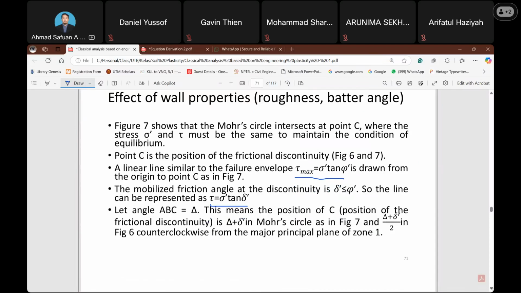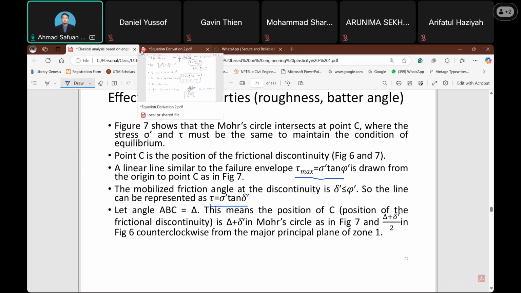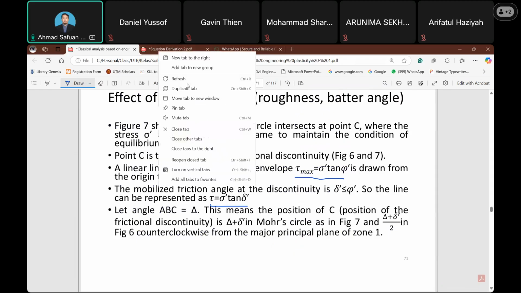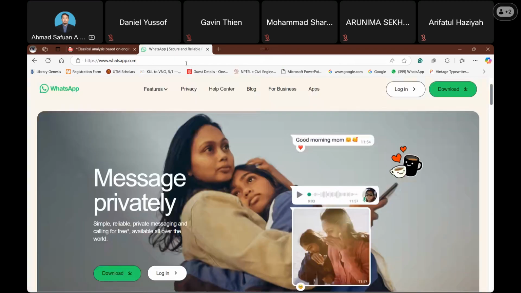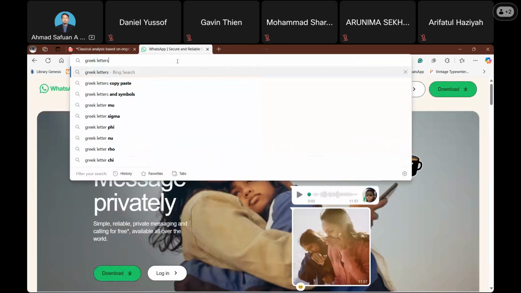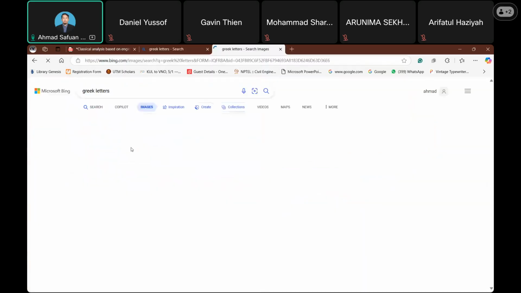Okay. So let angle ABC be delta. This means that the position of C, the position of the friction, is delta plus the other one, also called delta. Both of them are delta.